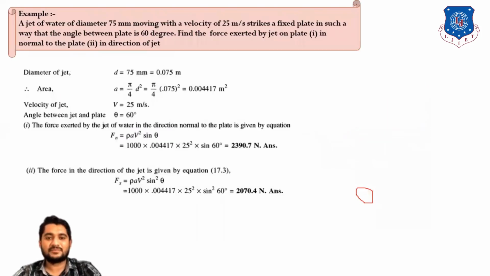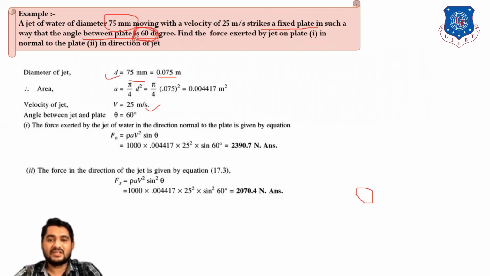Let us solve one example based on it. First of all, a jet of water of diameter 75 mm, that means small d is equal to 75 mm, 0.075 meter, moving with a velocity of 25 meter per second, that is v is equal to 25 meter per second, strikes a fixed plate in such a way that the angle with the plate is 60 degrees. Here the inclined plate is not mentioned, but the angle with the plate is already given, right?